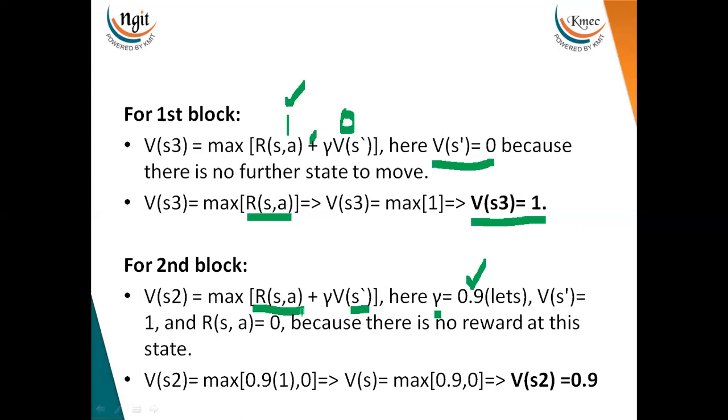Let us consider that I am not getting any reward when I am moving to S2, because I am moving in the reverse direction. So the reward that I am obtaining in S2 is 0, and the value at S3 is 1, which is multiplied by gamma. So I will get 0.9 and 0. I should choose the maximum between them, so I will get 0.9.